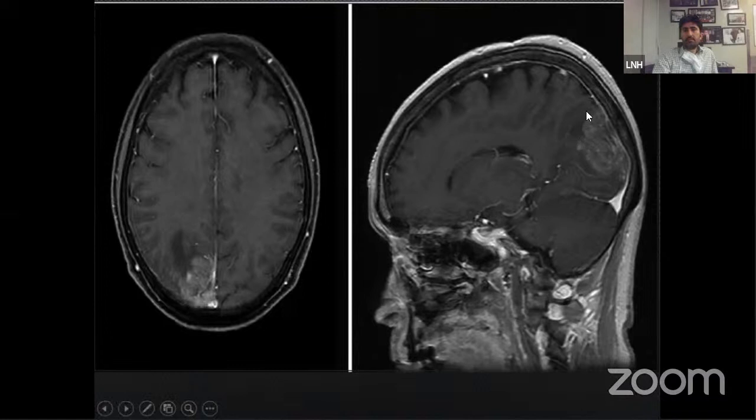As we see on the sagittal view, this is the parieto-occipital sulcus, and this is the calcarine fissure. So this is basically involving the cuneus part of the occipital lobe. And on the axial view, as we see on the normal side, this portion is the superior occipital gyrus.